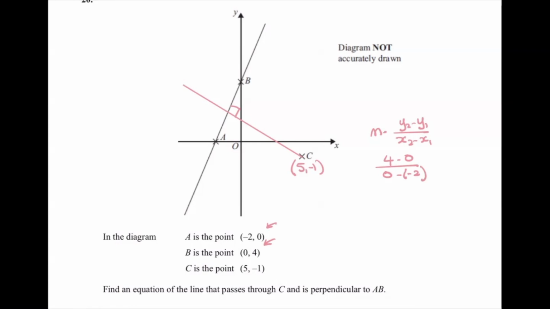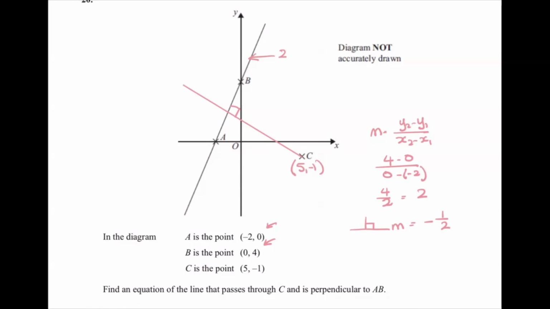When we do the maths that creates, we end up with 4 over 2, which is 2. So I know the gradient of this line is 2. A perpendicular gradient is going to be negative a half. It's the reciprocal and the opposite sign always.